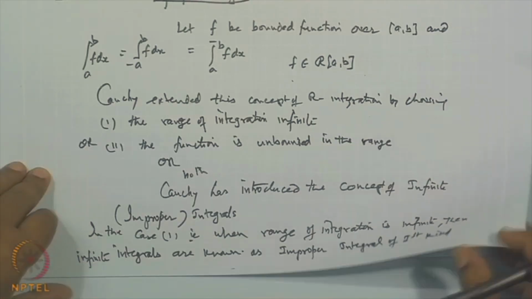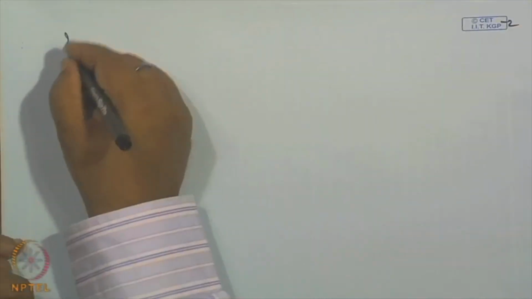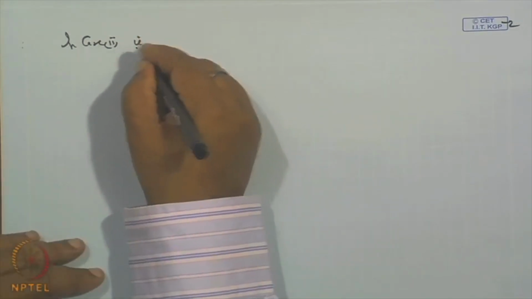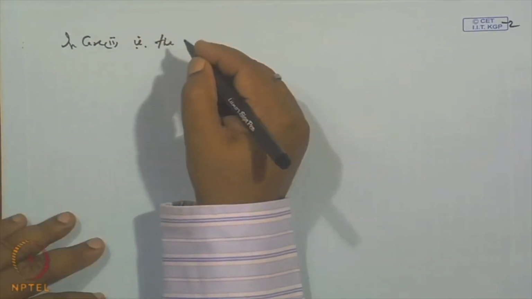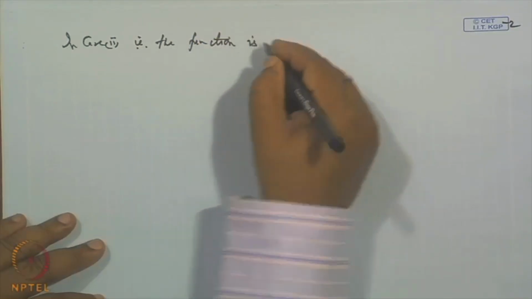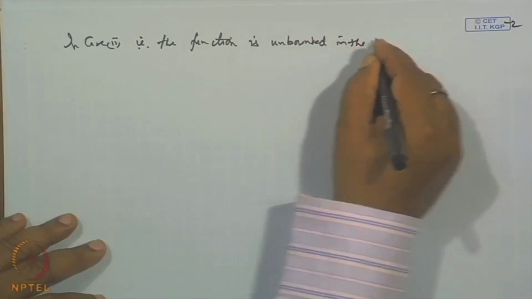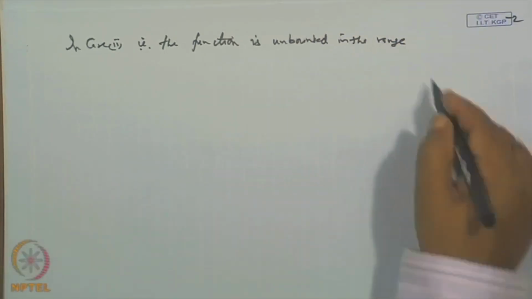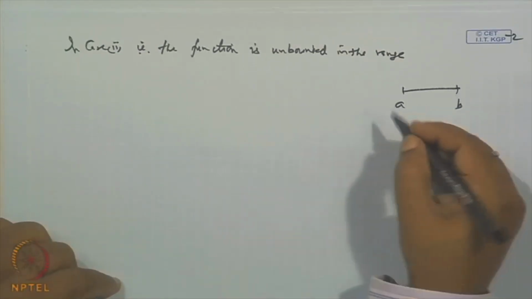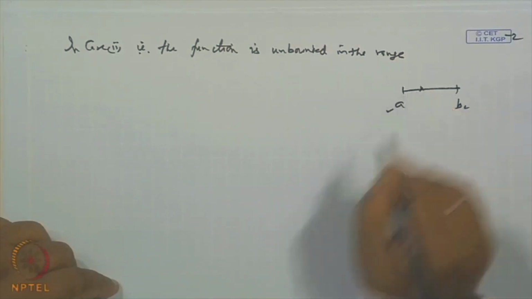And in case 2, the function is unbounded in the range, that is between a and b. The function has a point of discontinuity either at the point a, or at the point b, or maybe somewhere inside at c.